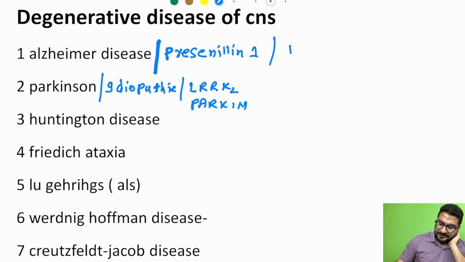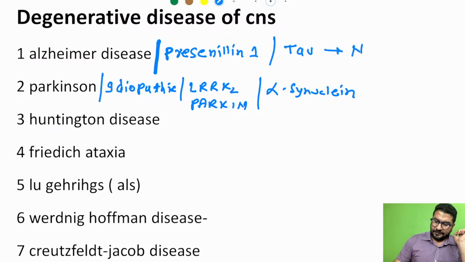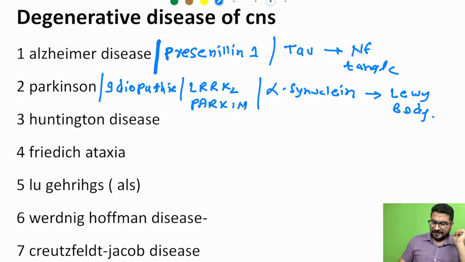The protein which gets deposited in Alzheimer is tau protein, and the protein which gets deposited in Parkinson is alpha synuclein. Tau protein forms neurofibrillary tangles, and alpha synuclein protein forms Lewy body. Then we have Huntington disease.